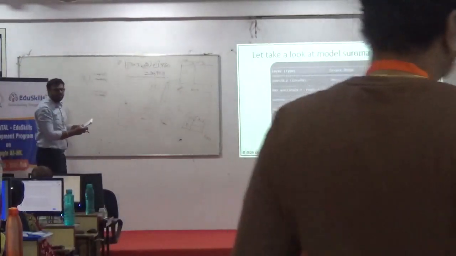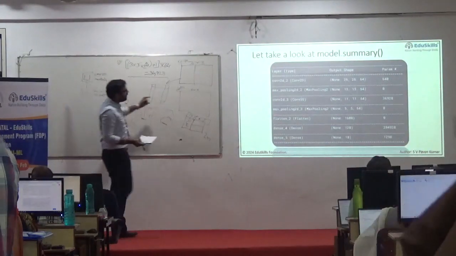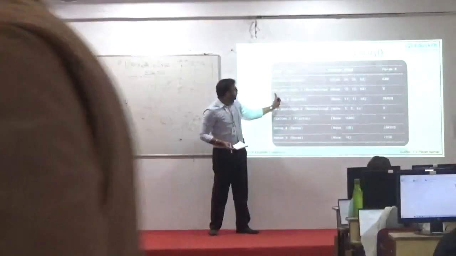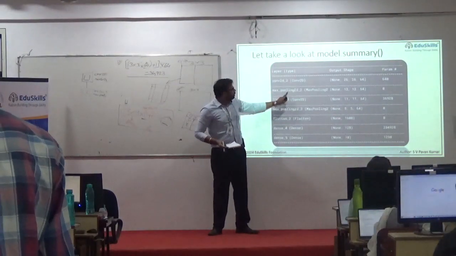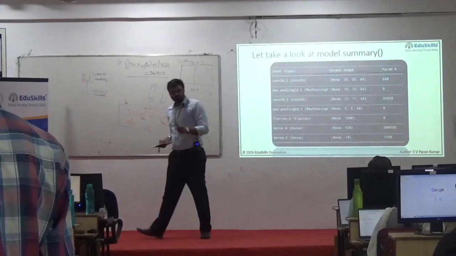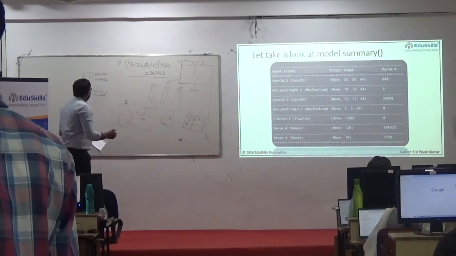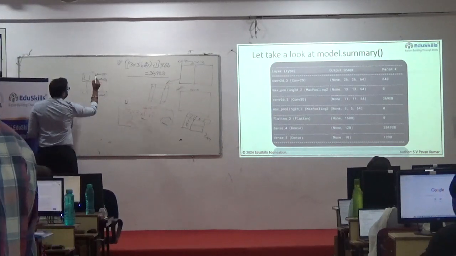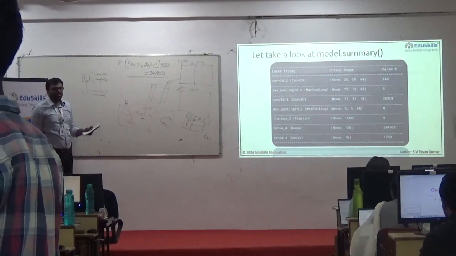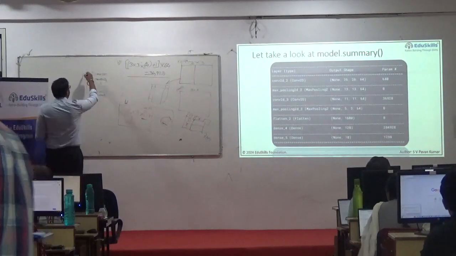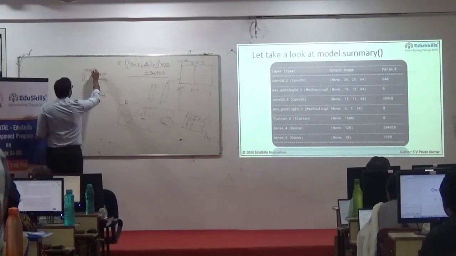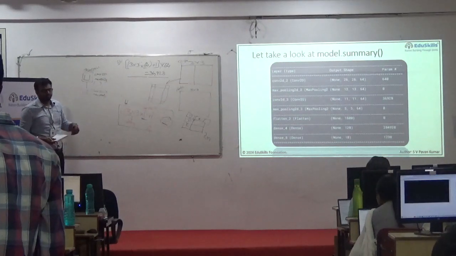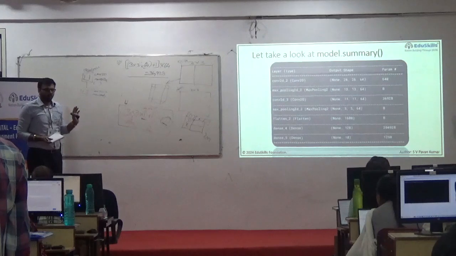Are you able to understand, sir? This is our layer 1. Layer 1 consists of these first two: Convolution 2D and Max Pooling 2D. 2D indicates two-dimensional data. This layer 1 doesn't have any samples coming into it. This is the starting point, and you are passing the inputs.